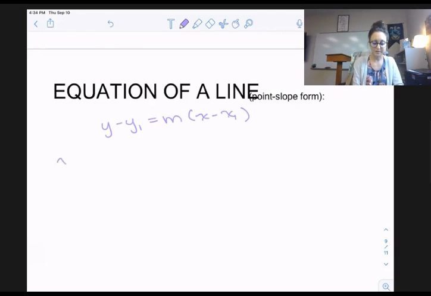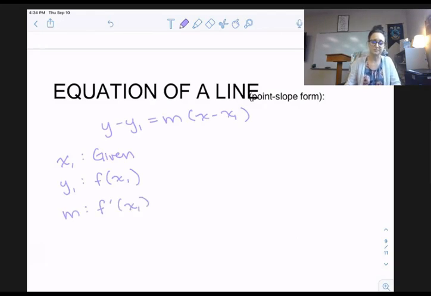Okay, x1 is typically what is given. If y1 is not given, you can just plug the given x value into f of x, right? And then how do I find the slope of the tangent line? Well, that's where we need calculus. So that's the derivative, in other words, f prime of x1.